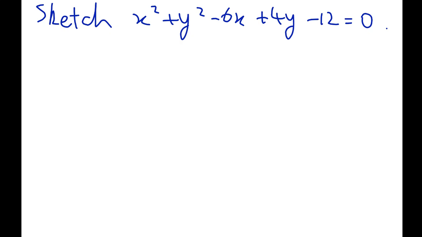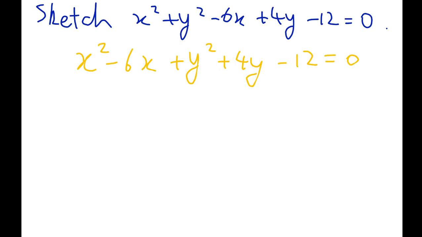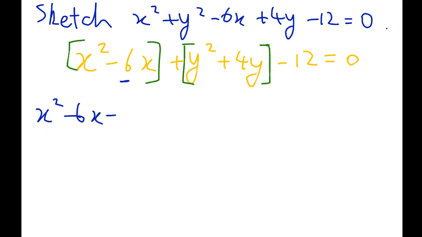So, put all the x's together, minus 6x, and put all the y's together, and I'm going to leave a minus 12 here for now, just because it's easier to solve for it. And then, because we're completing the square, I'm going to bracket off this bit, and this bit. If we divide this number by 2 and square it, we get 9, so we would have x squared minus 6x plus 9, but remember, you can't just randomly add a 9 in.